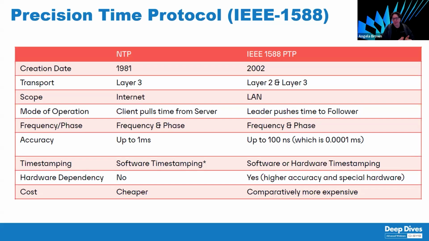Precision Time Protocol, the big thing is you have a leader or a clock master that basically tells everybody else what to do. It is a relative time. So if that clock master is not talking to a time server to get atomic time, you're still going to have a system that's synced up and in time relatively with itself. Your accuracy is up to 100 nanoseconds, which is pretty impressive on a network.